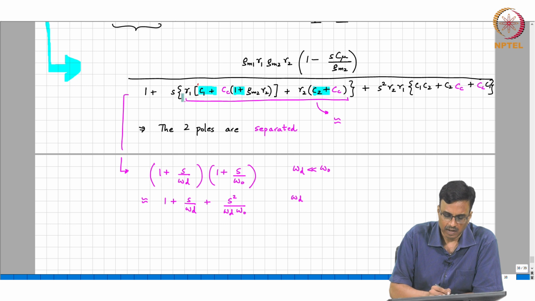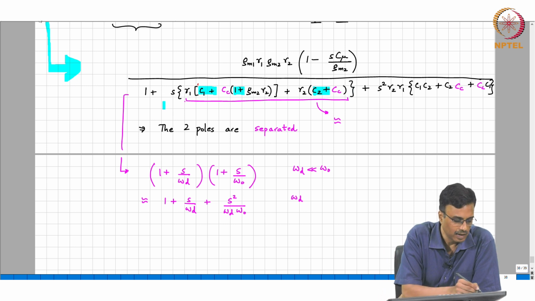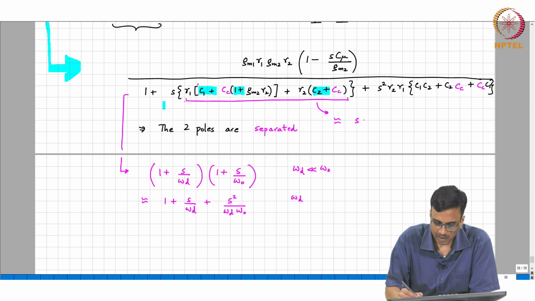But if R1 and R2 are comparable, what can you neglect? I mean, GM2 R2 R1 CC and then R2 CC, which can you neglect? Yeah, so this term is approximately equal to S times R1 CC GM2 R2.